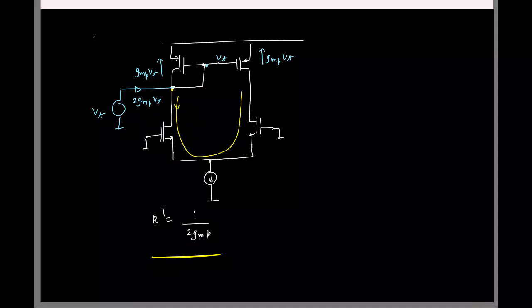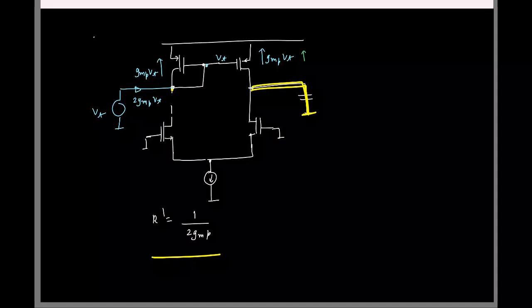And that means that by the time I encounter the non-dominant pole, the capacitor which contributes to the dominant pole, what can you say about it? It acts like a short, because we are looking at a frequency high enough that the dominant pole has already come. So this capacitor acts like a short. Now if you try to apply that same test voltage, it is true that this transistor will generate a current GMP V test, but where will this current now flow?